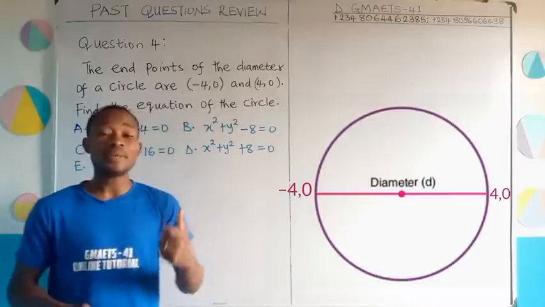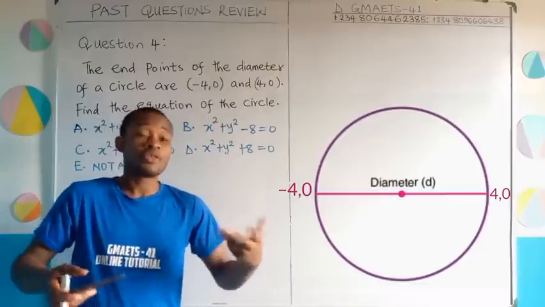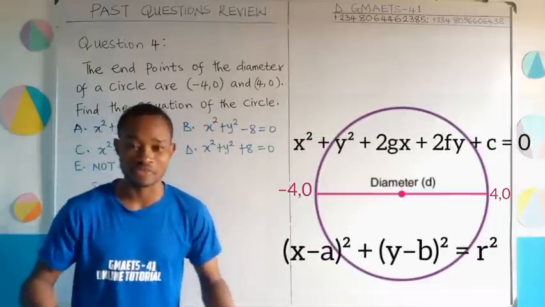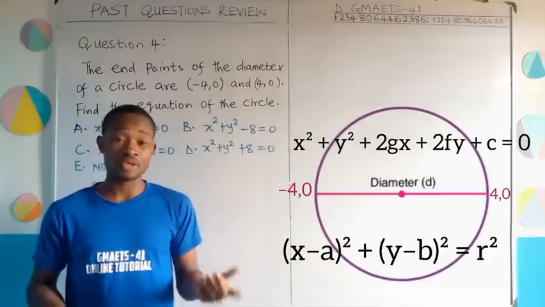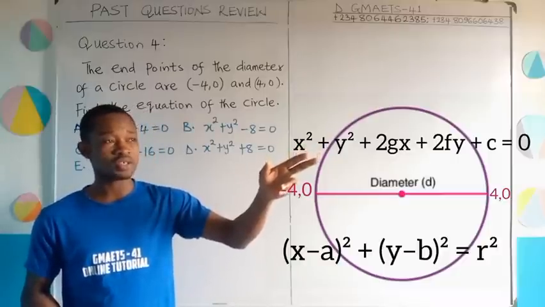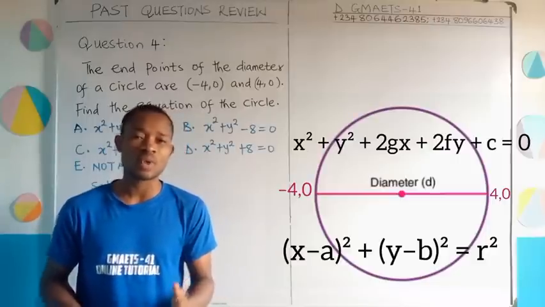Now, in determining the equation of a circle, there are 2 different equations, which of course are the same anyway, but they look different, and we use one to derive the other. The first one is called the general equation of a circle, x squared plus y squared plus 2gx plus 2fy plus c equal to 0.